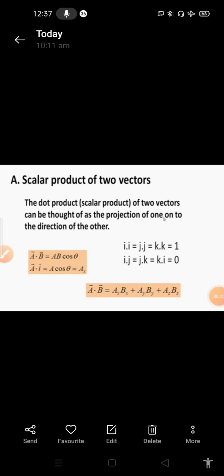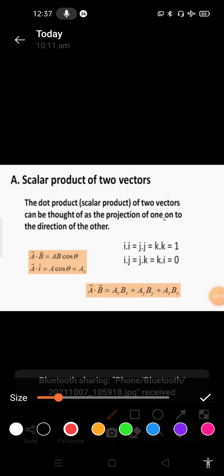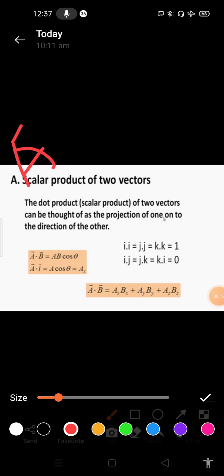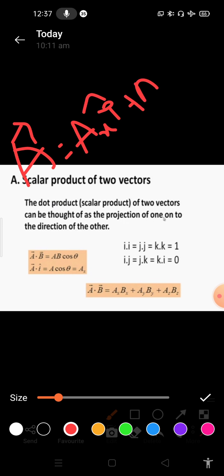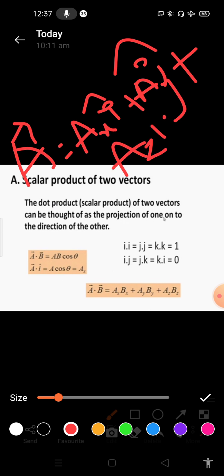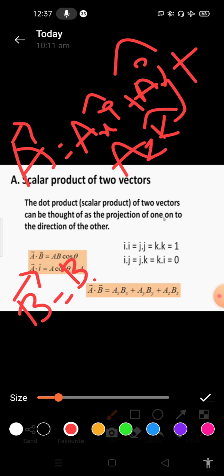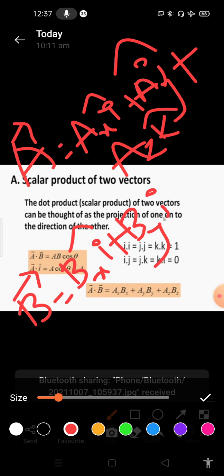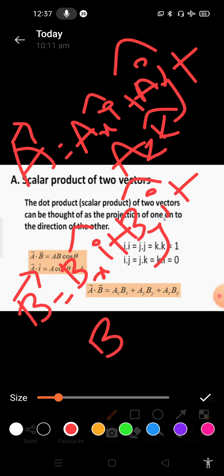And see here, if you take the dot product of two vectors, for example, the vector a bar is equal to ax i cap plus ay j cap plus az k cap, and the vector b bar is equal to bx i cap plus by j cap plus bz k cap.